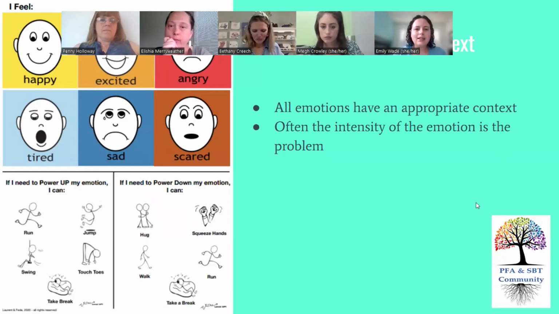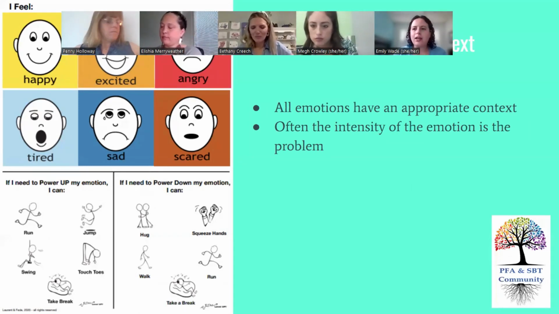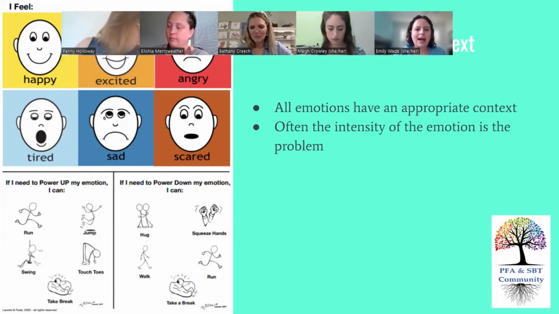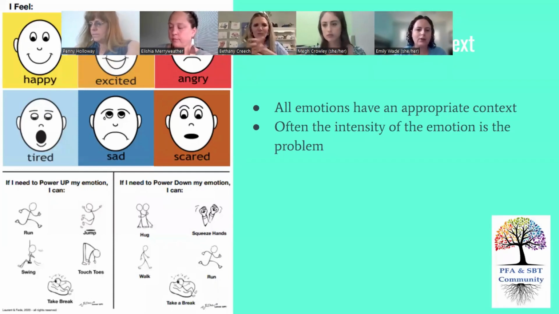This has the same sort of visuals, with different colors and different emotions, but it's not talking about any of those being bad or what I need to get to. It's talking about, for the context that I'm in, where do I need to be? If I need to power up my emotion, I can do things like run or jump or swing, so if maybe I'm tired or sad, these are things I can do to power up a little bit.